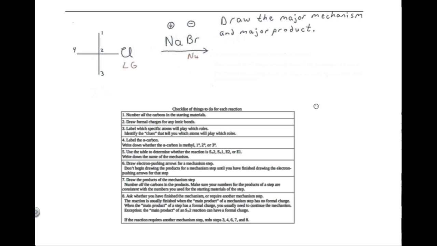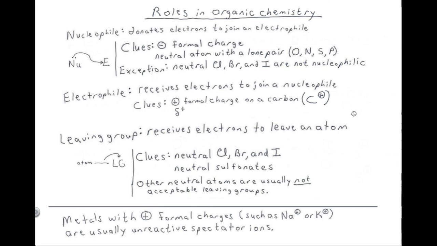To review, we've identified Br- as our nucleophile, neutral chlorine as our leaving group, and sodium plus as our unreactive spectator. And notice that all of those identifications are consistent with the rules that we learned in the previous video. In the previous video, we learned that a negative formal charge can indicate a nucleophile, such as on Br-.